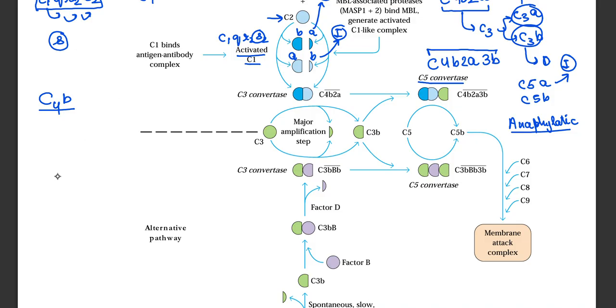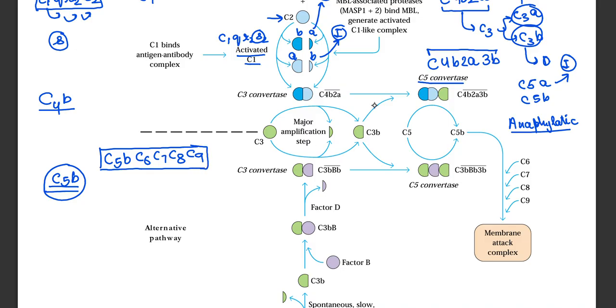Now remember C5B, from here the whole of the game changes. C5B will activate C6, C7, C8, C9, and these will together form the complex.